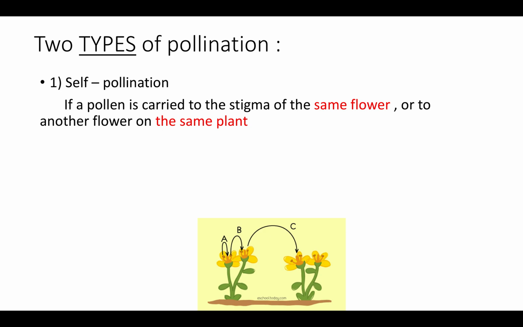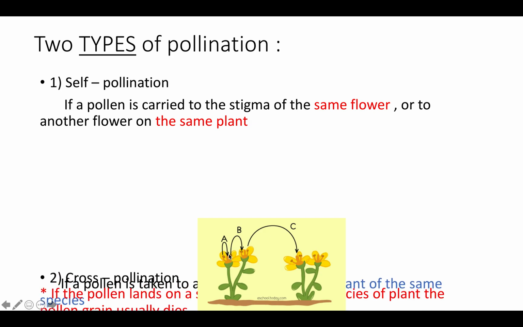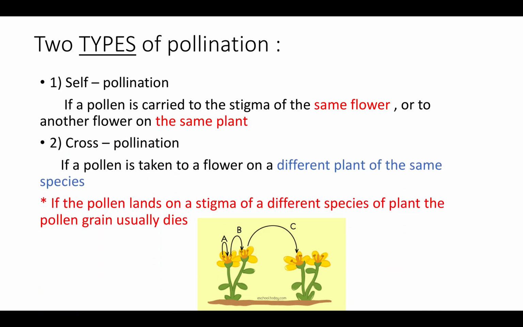Now, the two types of pollination are self-pollination, and as the name suggests, it's in the same plant. It will simply be transferred from the anther of one plant to the stigma of the same plant, or cross-pollination, which is the transfer of the pollen grain from the anther of one plant to the stigma of another plant.